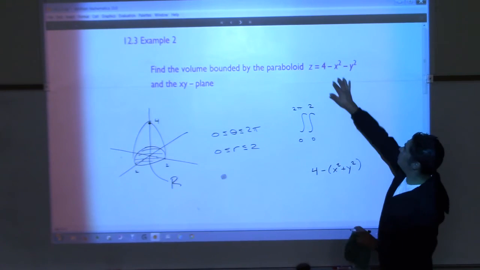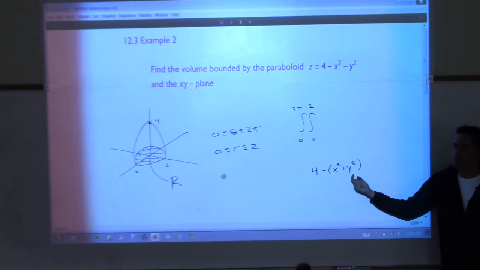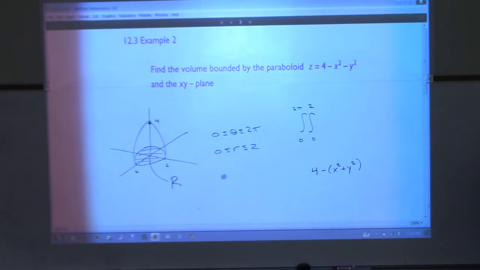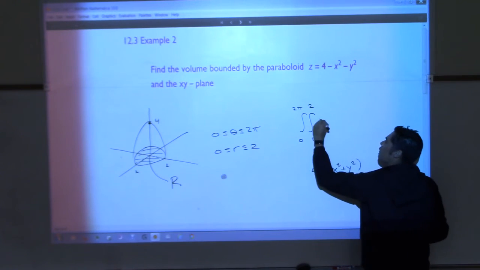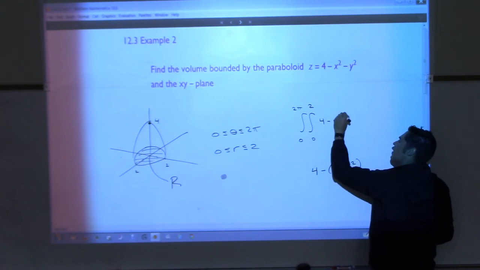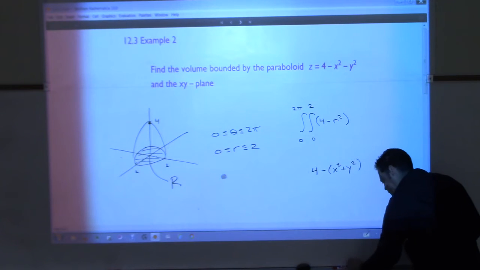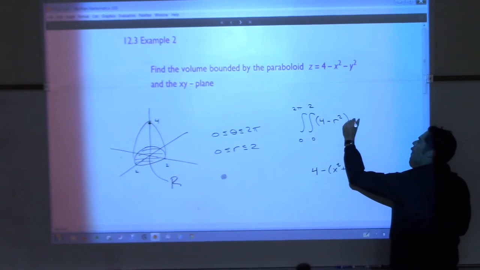Do you agree that that's this? What is x squared plus y squared when you convert from Cartesian to polar? R squared, isn't it? So that right there is actually 4 minus r squared. And then I need another r.